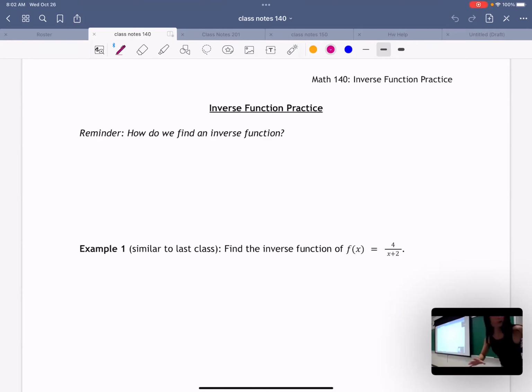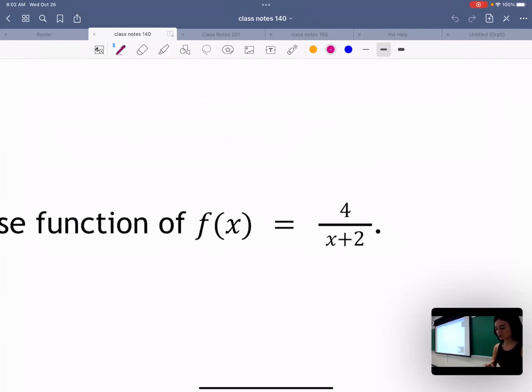So let's just do a little bit of review at the beginning of class today. We talked about inverse functions. What do we remember about inverse functions? How do we find them? What do they do? Anyone recall anything about inverse functions? So if I'm given a question like this, how would I find the inverse function?